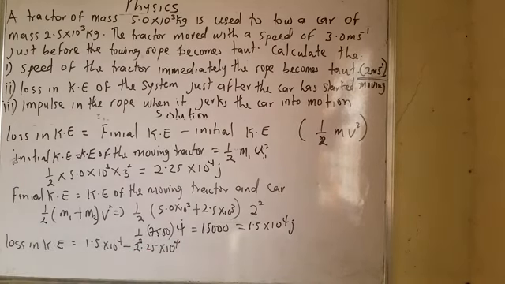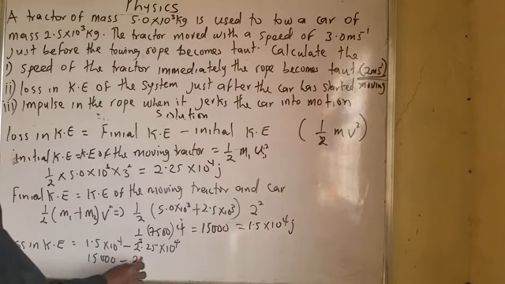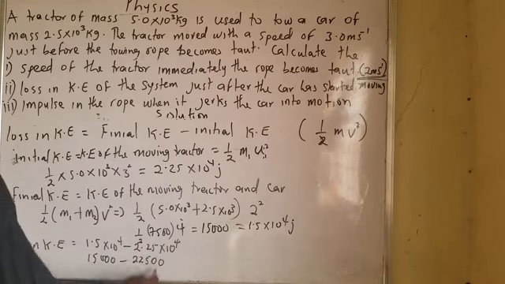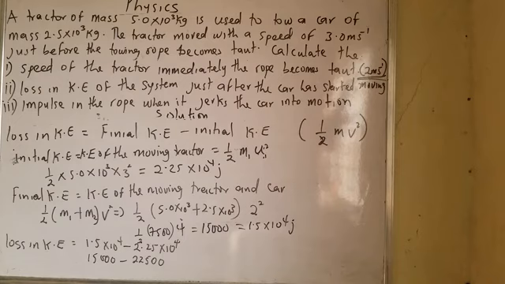If I do this together, we are talking about 15,000 minus 22,500, which will surely be equal to a loss in kinetic energy of minus 7,500 joule.